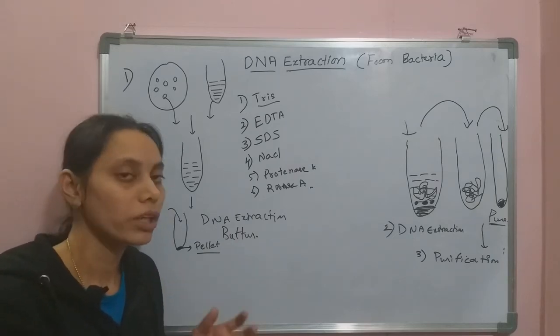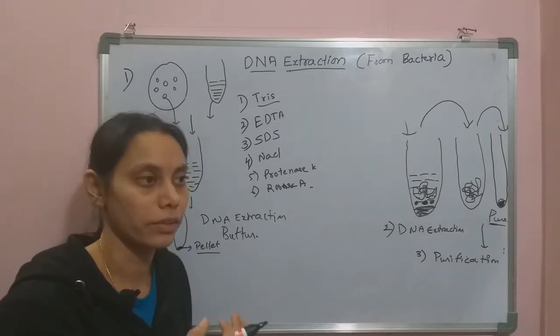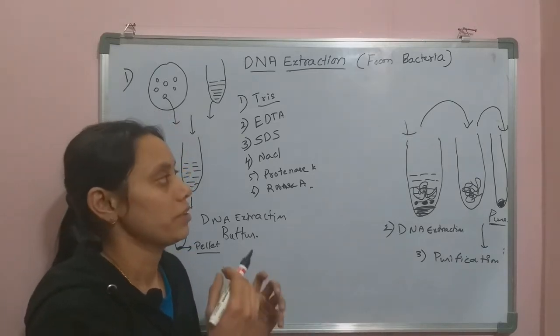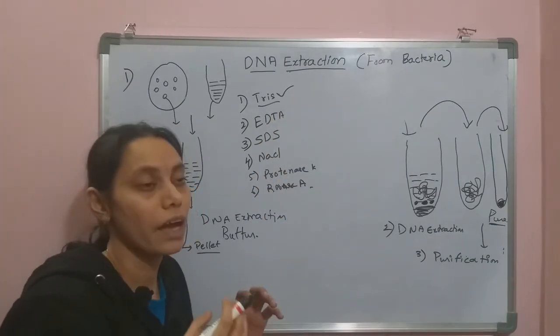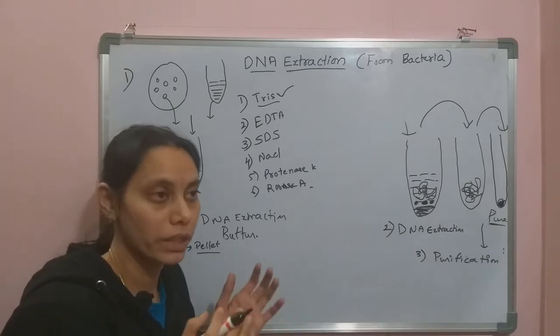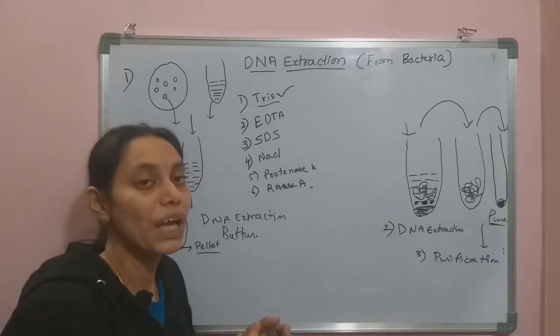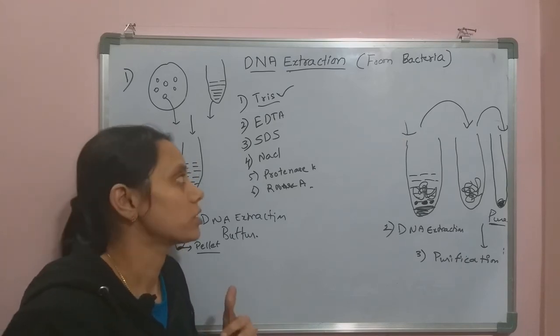So we need to protect our DNA before it gets isolated. For that we add Tris salt, which has the activity to maintain the pH, that is a buffer. So pH related damage to the DNA can be avoided.